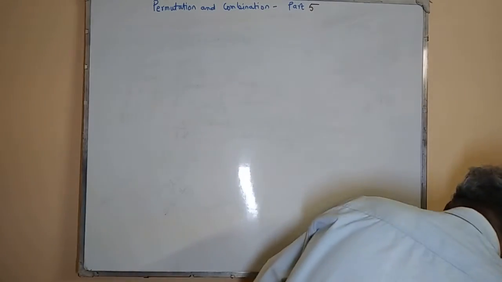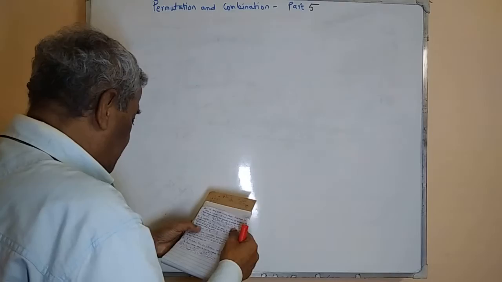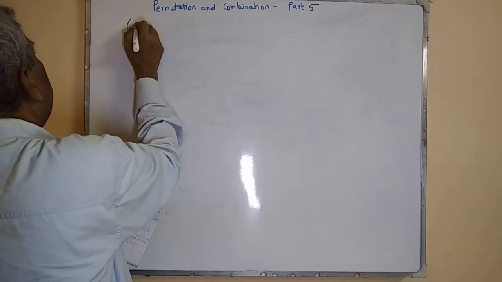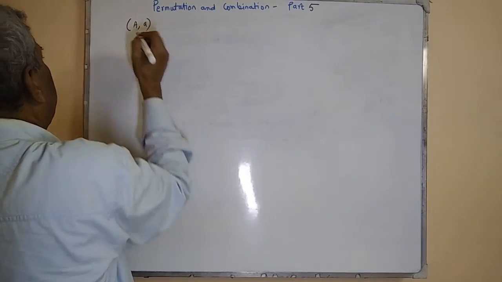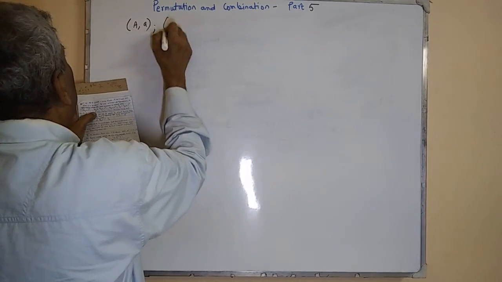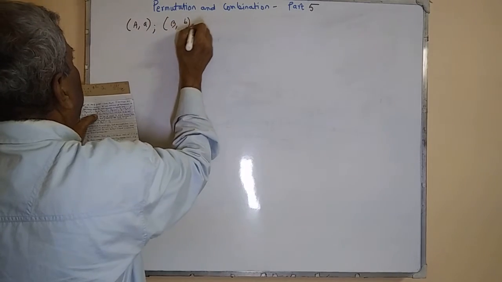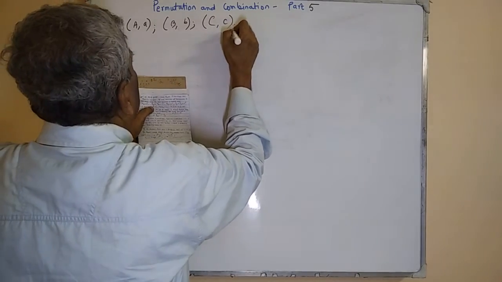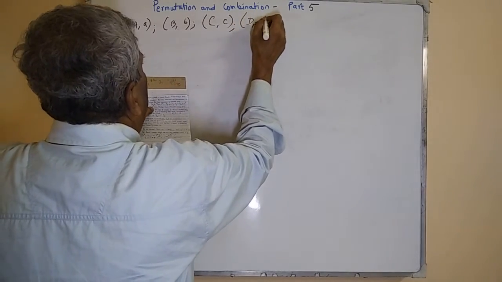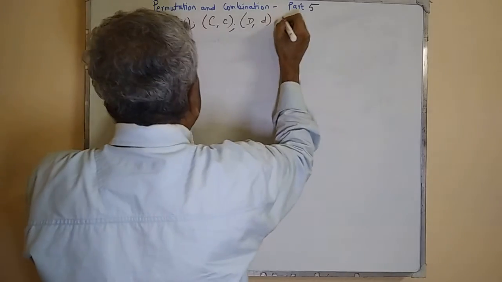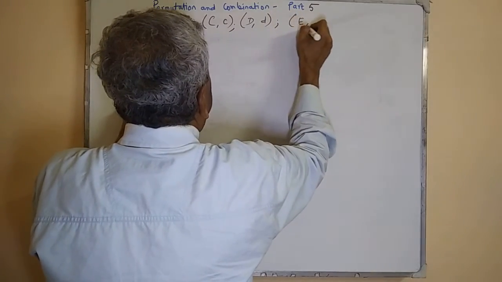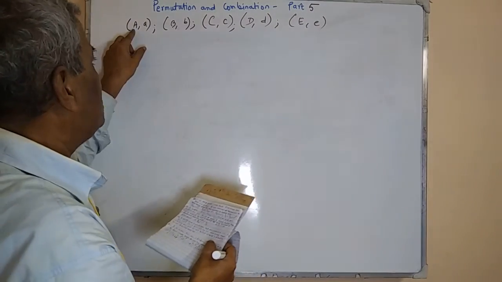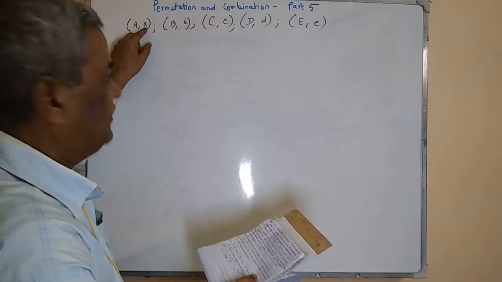Next question, almost the same type. Five couples: A and small a, B and small b, C and small c, D and small d, and E and small e. A is husband, small a is wife, and so on.